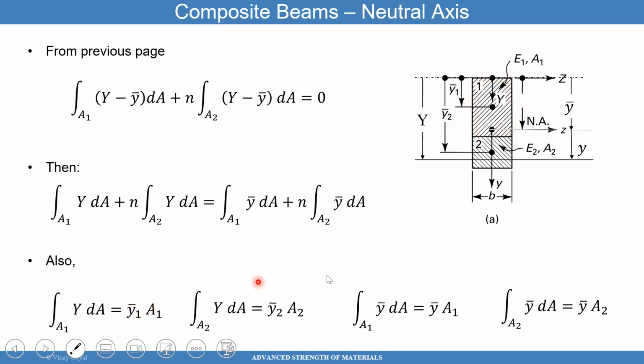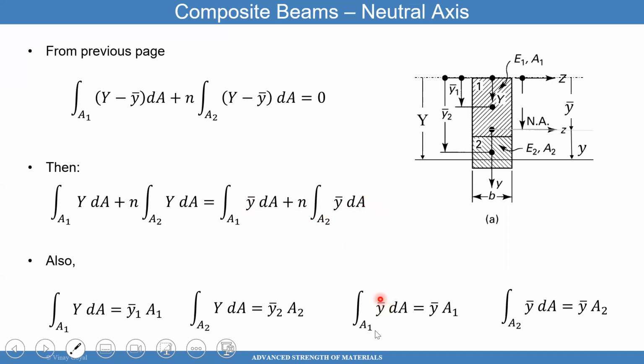So that's easy. And then we find that the integral of y dA for area 2 will turn out to be the centroid of part 2 times area A2. And then you see these integrals here that are quite interesting.